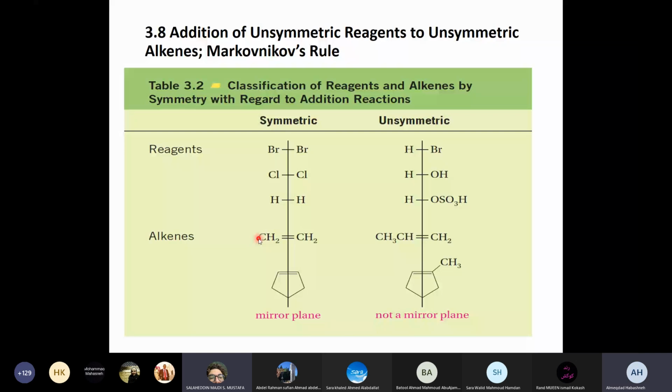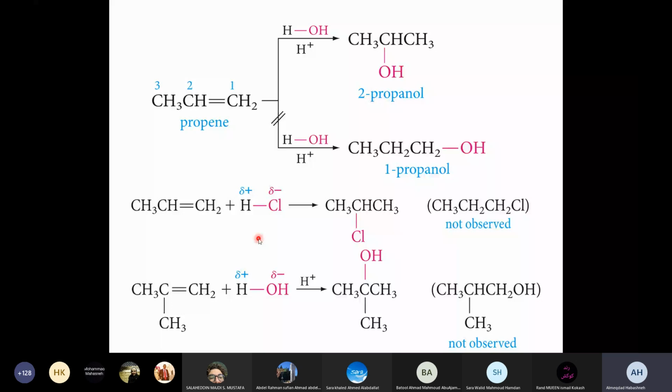If I got such an alkene where the two carbons at the double bond are not identical, not symmetric, and I want to add water, you add hydrogen at one of the carbons at the double bond, and then you add the OH, which is the conjugate base, at the second carbon at the double bond.